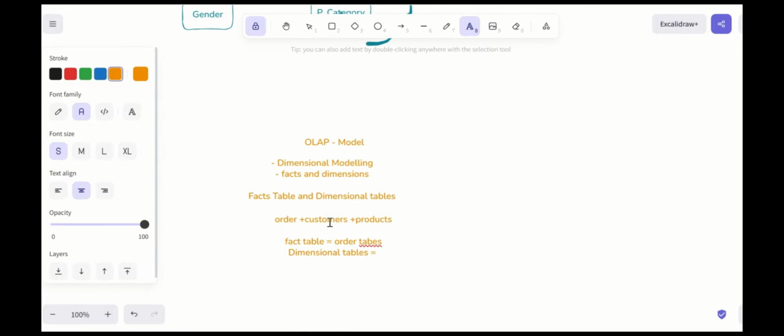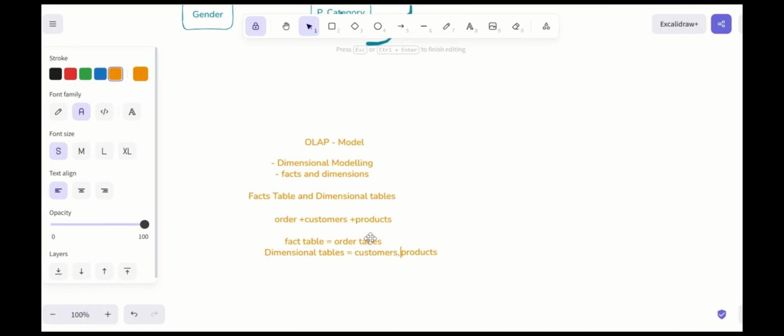So customer is a dimensional table, and products also, because it provides description about the products of the company.